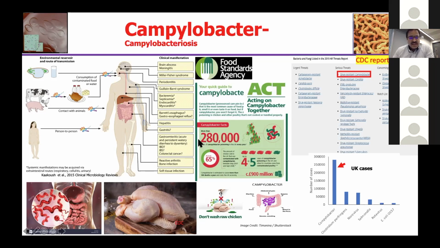And as you can see here, every year an average of 280,000 cases related to Campylobacter are reported in the United Kingdom. Campylobacter is one of the top priority organisms, and it has a high level of drug resistance.